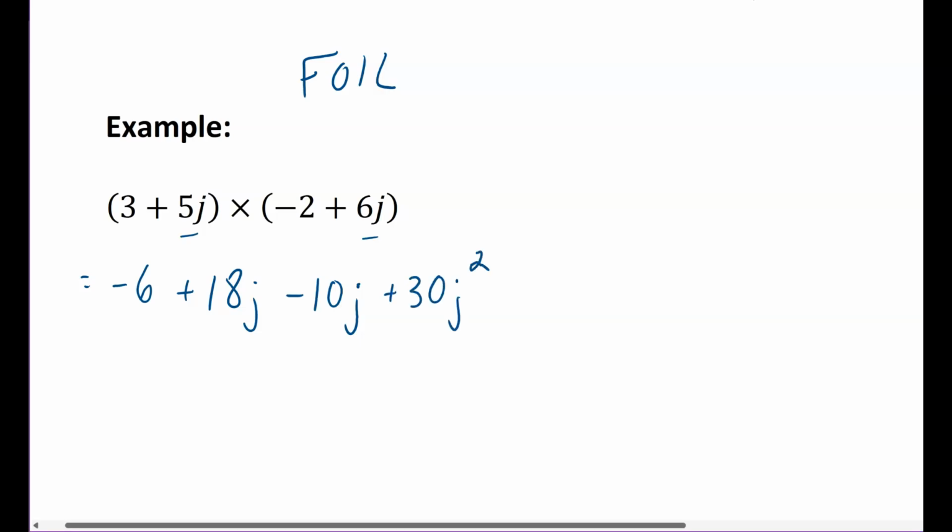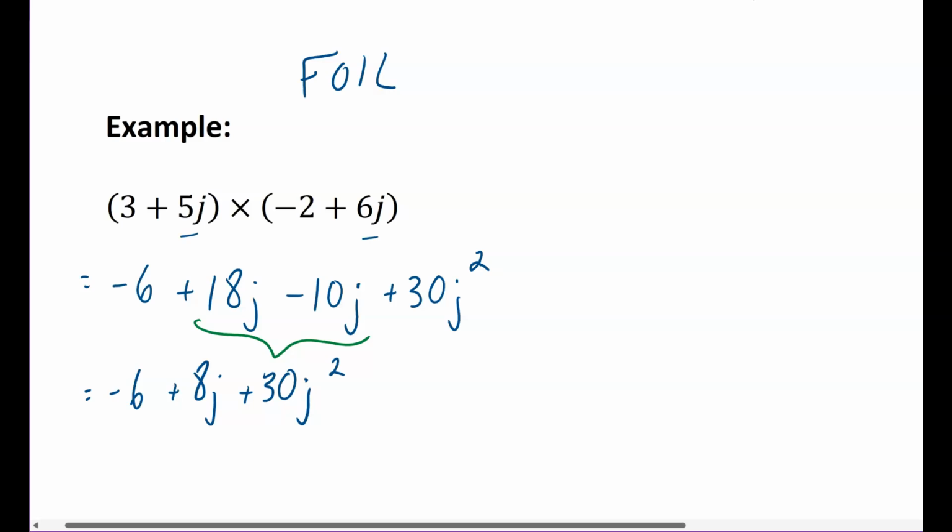30j squared. All right, first thing I want to take a look at is we have a couple of like terms. Combine the like terms, 18j minus 10j, so this is going to be -6, and 18j minus 10j is 8j, and plus 30j squared.